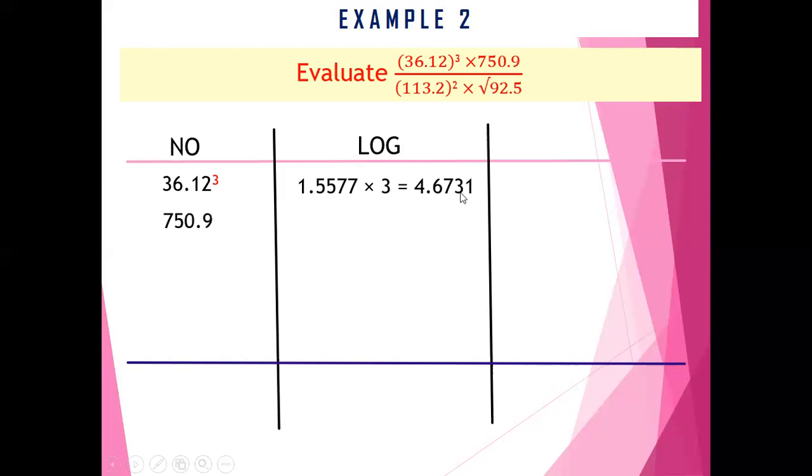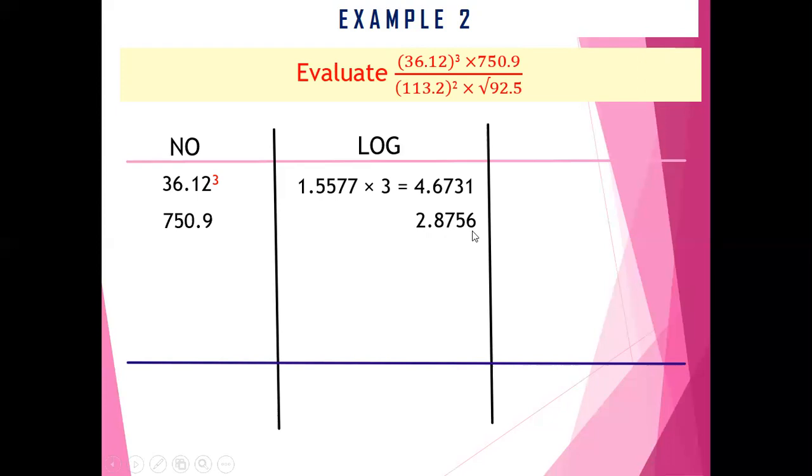Then 750.9, you would have 2.8756. So you move the point 2 times here, so 7.509 is in standard form. The number of times you move the point is 2, so that'll be 2 point. And then if you check 75 under 0, difference 9, you should have 8756. Please check all these values and confirm.